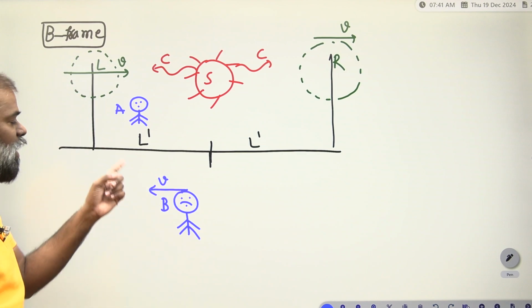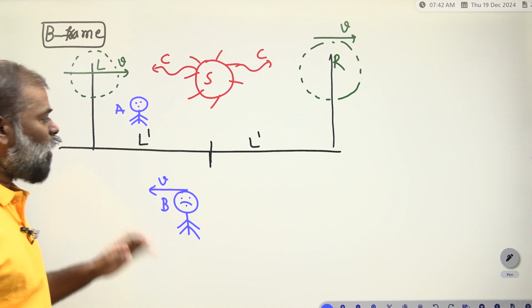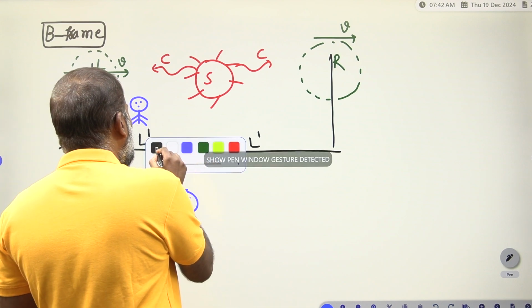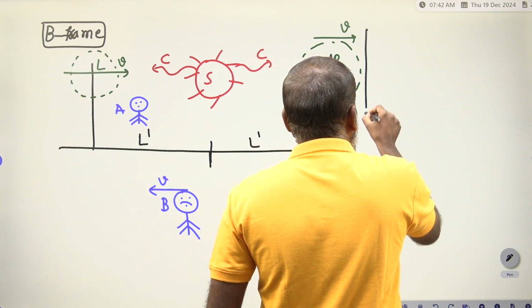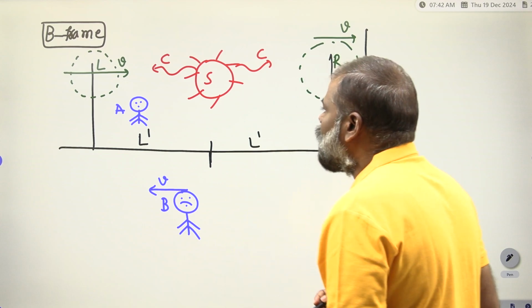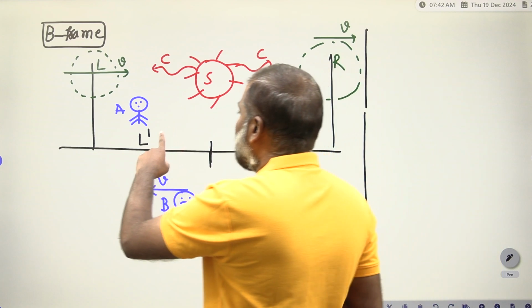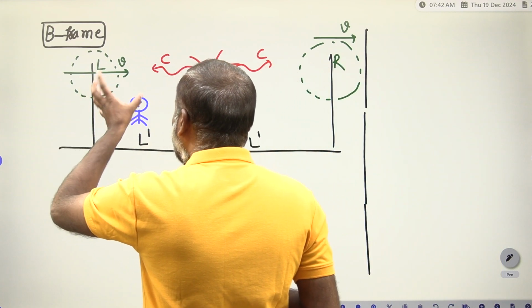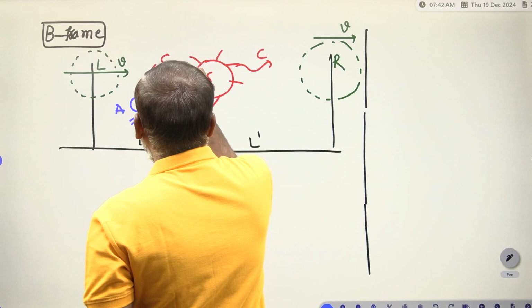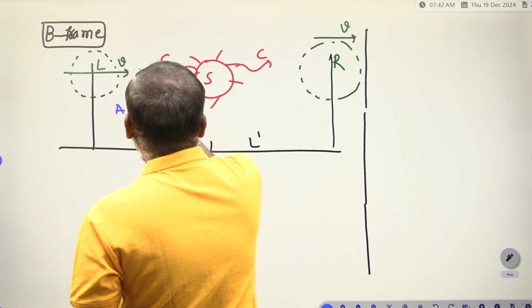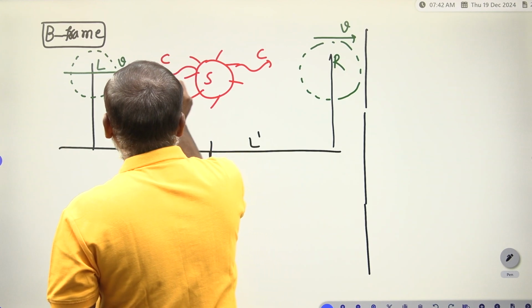Now, concerning the B person, how do we observe? Concerning the B frame, the c velocity is going against that one.